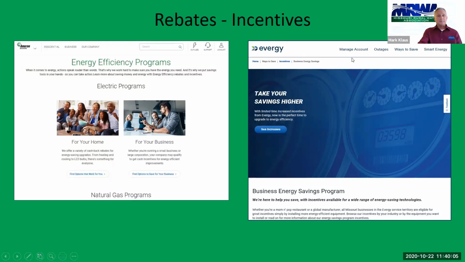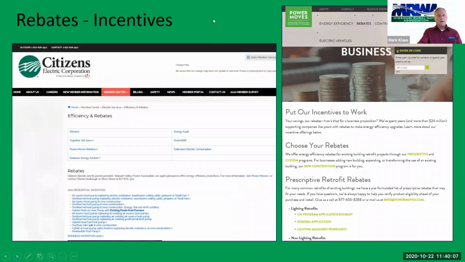Then we go to the co-ops, Touchstone Energy Group. They also have energy programs for businesses. Like this one is Citizens, they're based out of Perryville. Been working with them a little bit, but here's the residential stuff.